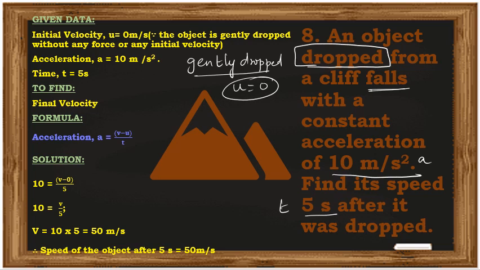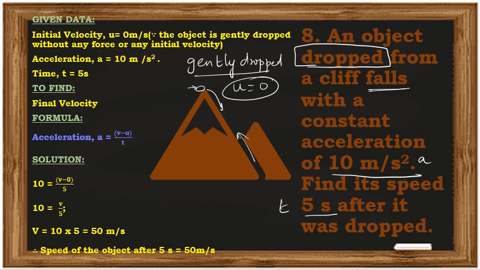That means we are not throwing it with a big force. For example, if I keep an object here, even without giving any push, it can automatically fall down, right? So that is gently dropped. So there is no external velocity given here. It automatically fell down because of the Earth's gravitational pull. So it is moving along the gravitational force.